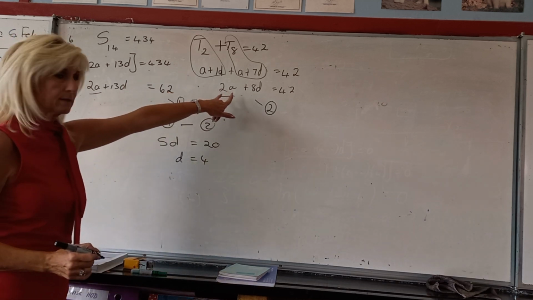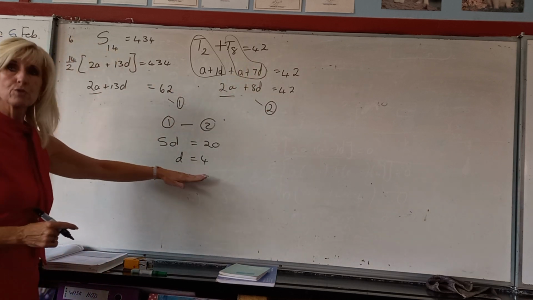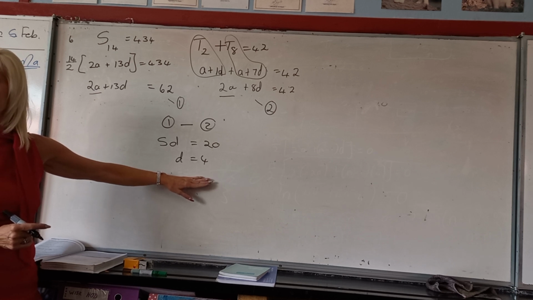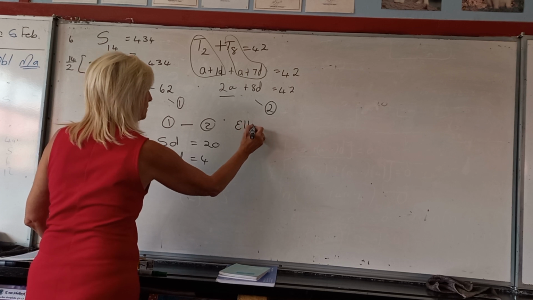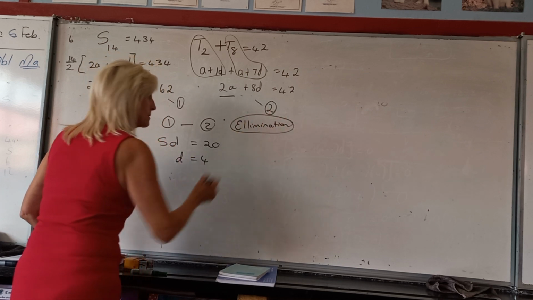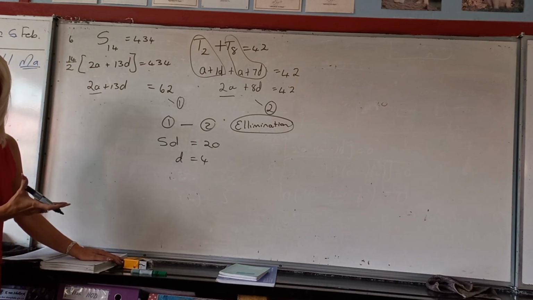If you had gotten the a alone, substituted it back in, did you also get d equal to 4? Yes. You should have. Different technique, and the technique is called? Elimination. Now, sometimes it's a nice tool to be able to use, but if you don't know it, you can't use it. And it's actually very quick in this case.